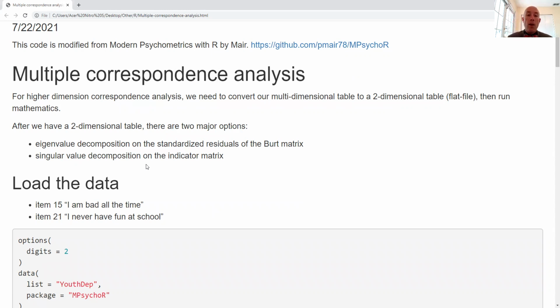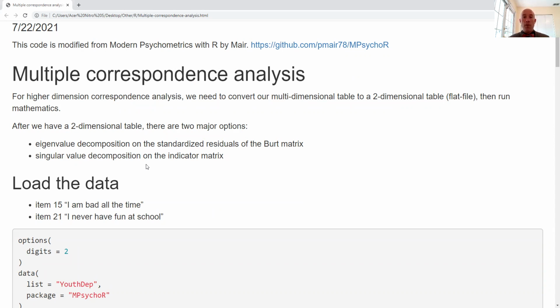One is eigenvalue decomposition of standardized residuals of the Burt matrix. The Burt matrix is going to be a two-dimensional count matrix that we'll use, or we can do singular value decomposition on the indicator matrix. The indicator matrix is like dummy variables, where we use dummy variables to represent each of the levels.